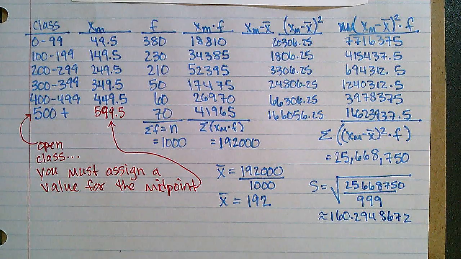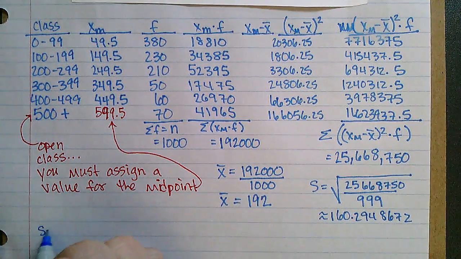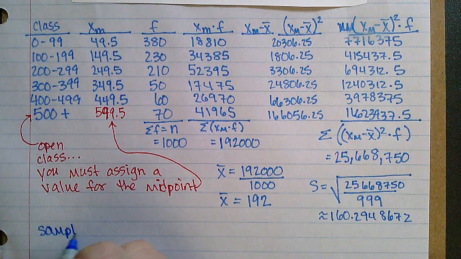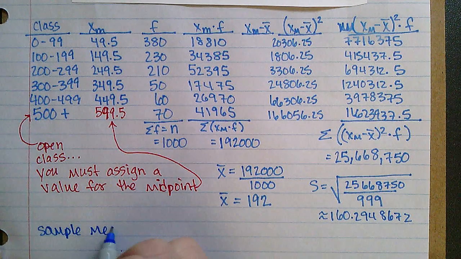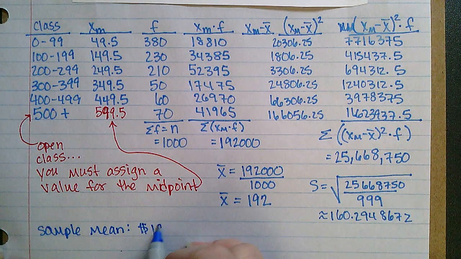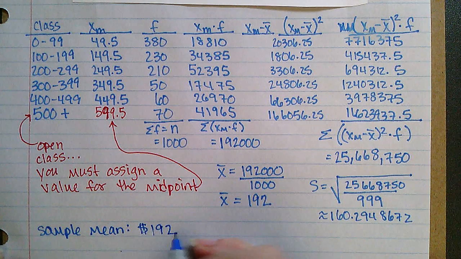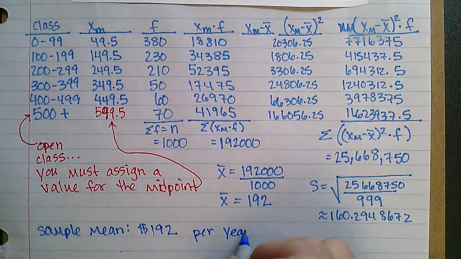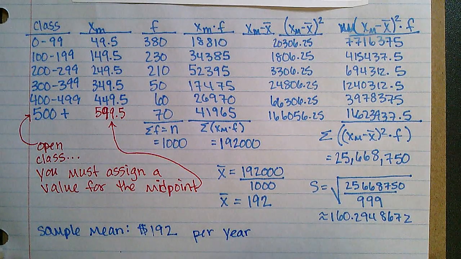And when I give my answer, I will round using the round off rule. So my sample mean would be that 192, and I don't need to round it. So $192 per year that would be spent in preparation for traveling.